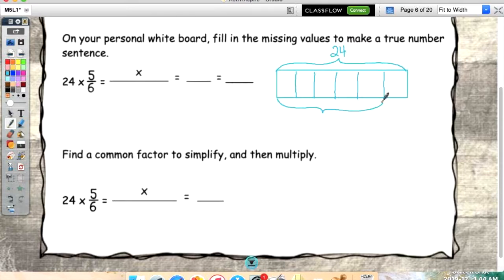So that's how many you bracket. Okay. Now, to solve this, I'm going to do 24 divided by however many boxes I have. So 24 divided by what? 6. So what goes in each box? 24 divided by 6. So 5/6 of 24 equals 20.